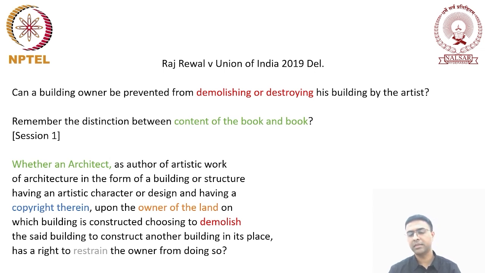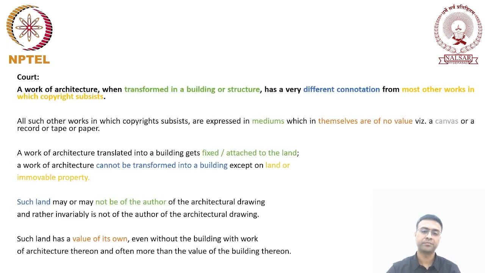Let us keep this distinction in mind as we move ahead with trying to understand how the court is creating a distinction between the interest of the owner of the building as against the interest of the copyright holder.